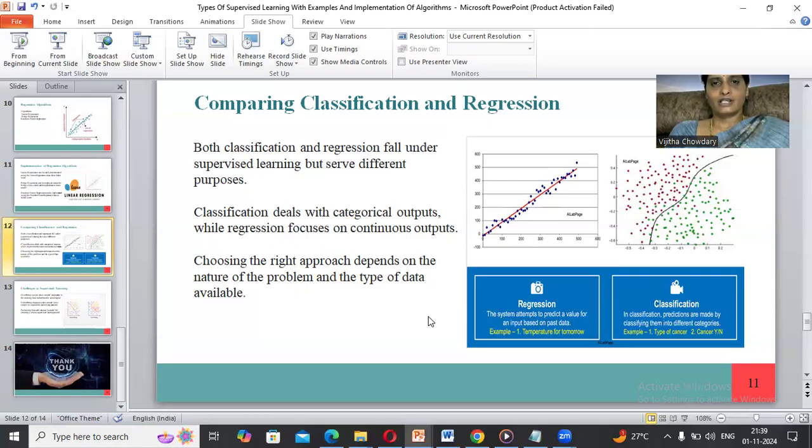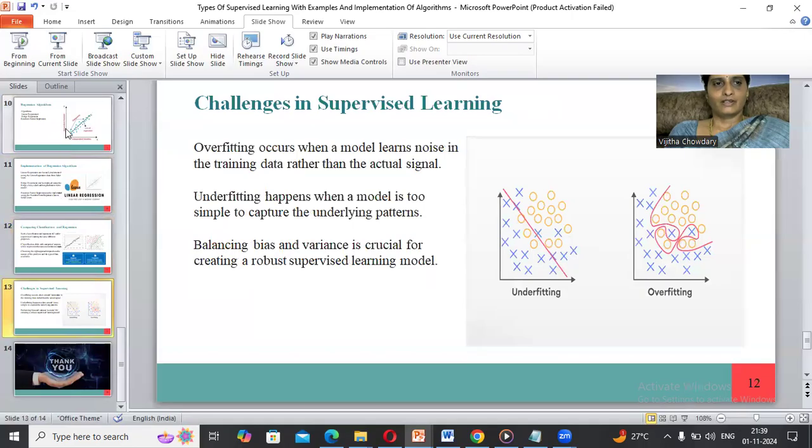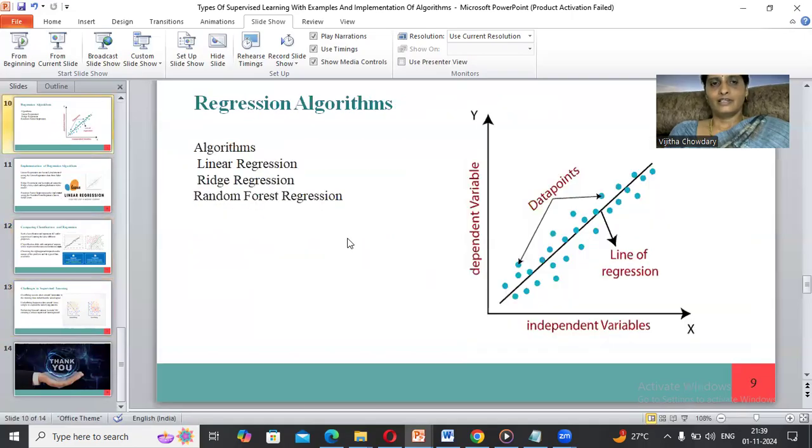These are the common ones. Common regression algorithms are linear regression, ridge regression, and random forest.